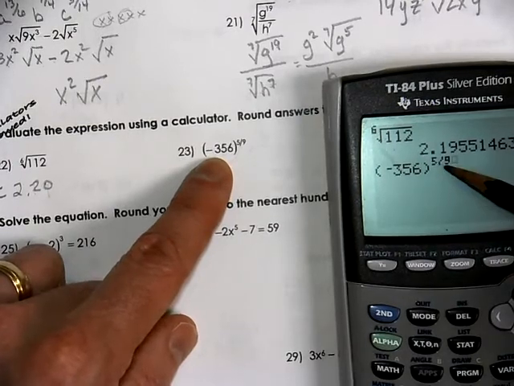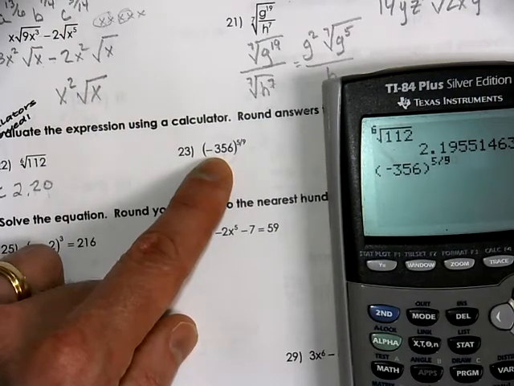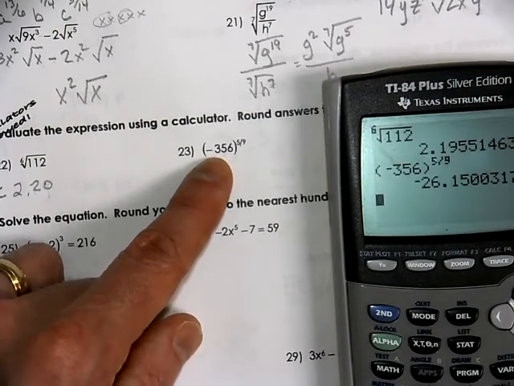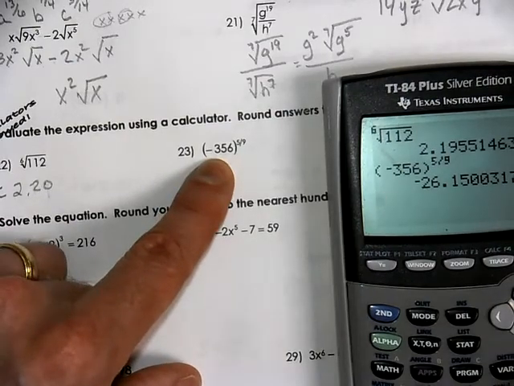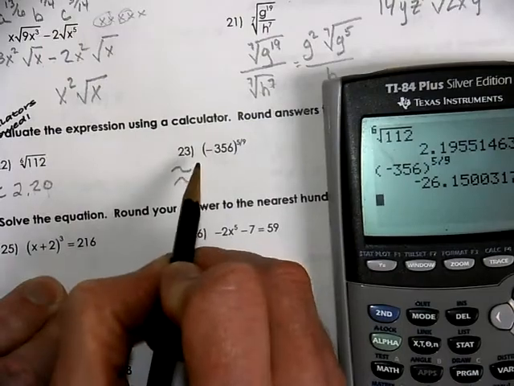I don't need to use parentheses because mine's a full exponent. If yours shows the caret key, then you need parentheses around it. If you're not getting negative 26.15, then you need parentheses around your exponent.